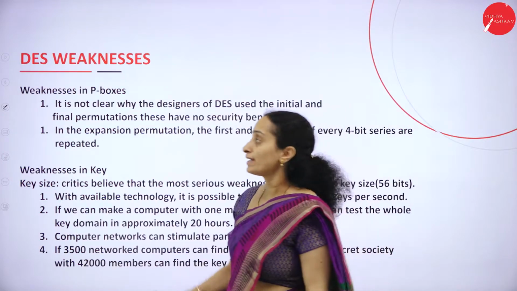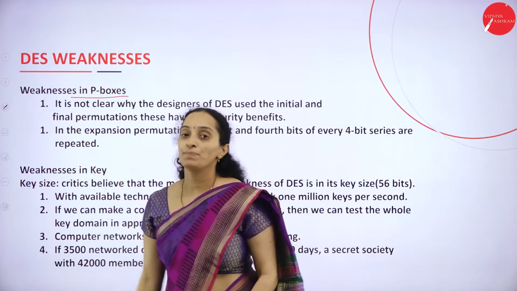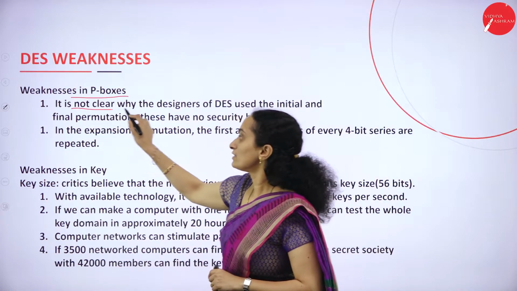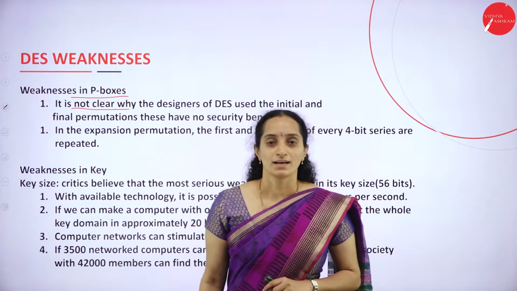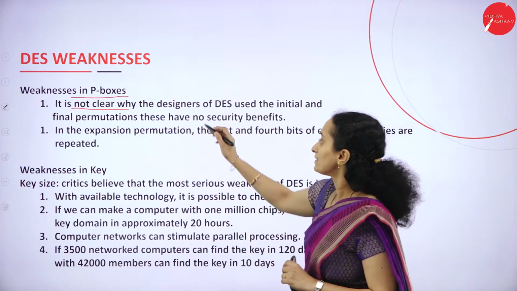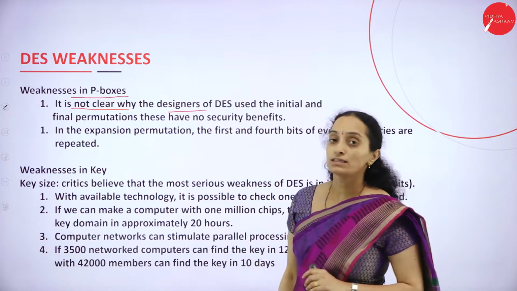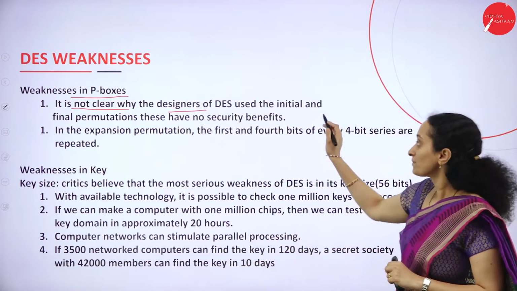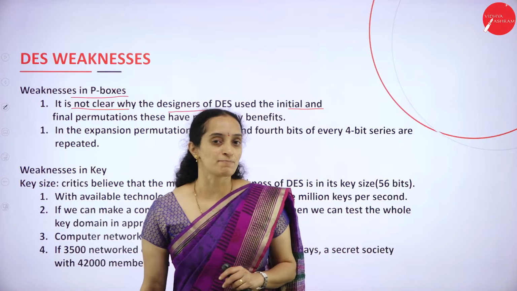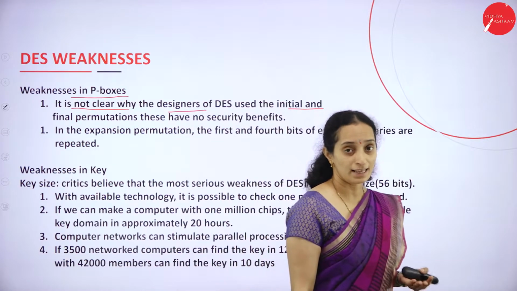Okay, when you look at the weakness in P boxes, it is not clear, as I said in the beginning of the DES cipher, why the designers of DES used the initial and the final permutation, because they are keyless.